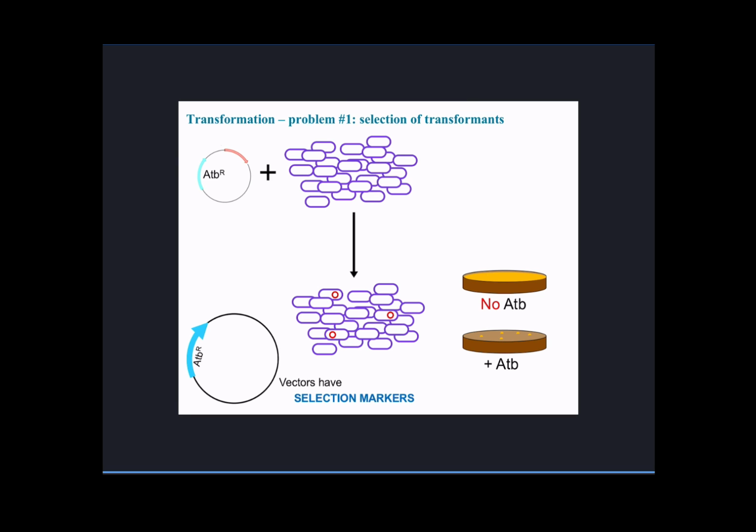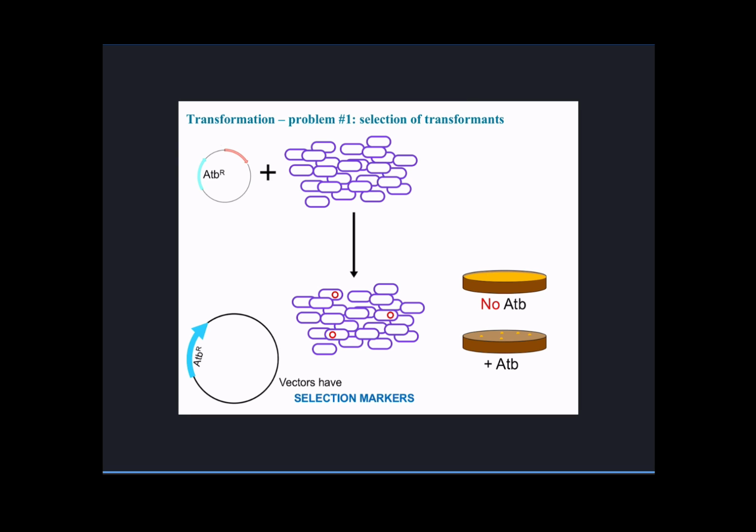But if we have an antibiotic on that culture plate, everything is going to die except the handful of the bacteria that picked up the plasmid. And they picked up the plasmid with an antibiotic-resistant gene and with your sequence of interest in it. So those are called selection markers.